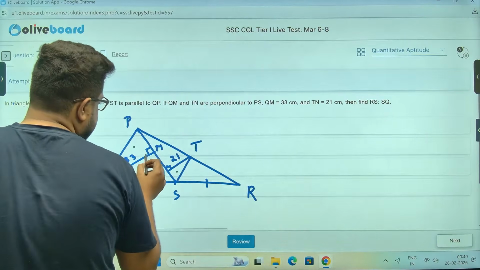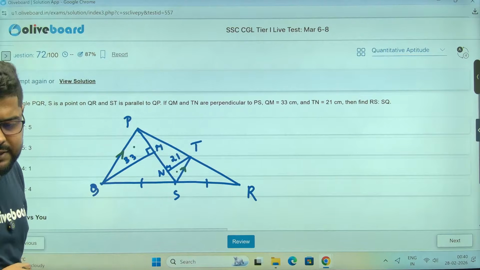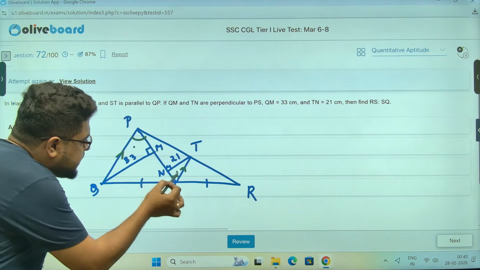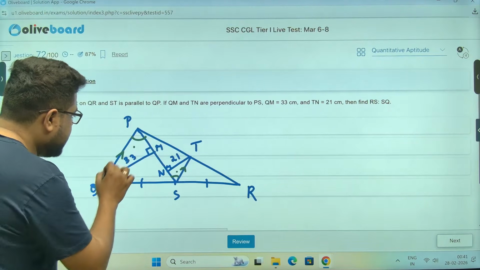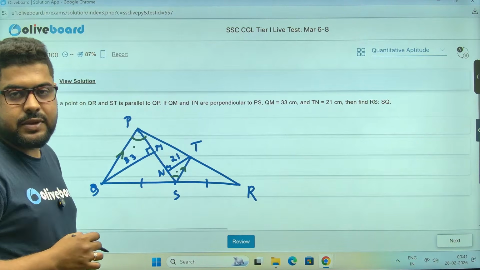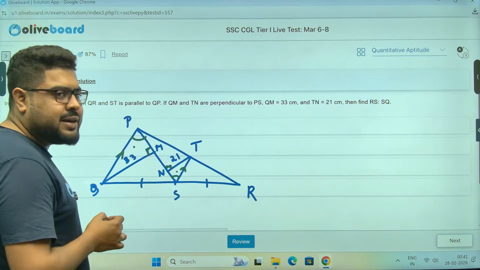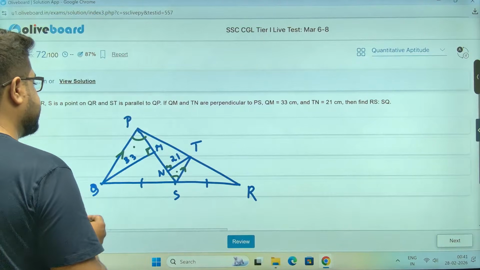Because these two lines are parallel to each other, this one and this one. That is the drawing we had made. So these two angles must be equal, sir. Alternate angle Z, you see, can you see the Z? QPST, Z. And also these two 90 degrees. So the third angle must be equal. So they are kind of similar triangles, right?